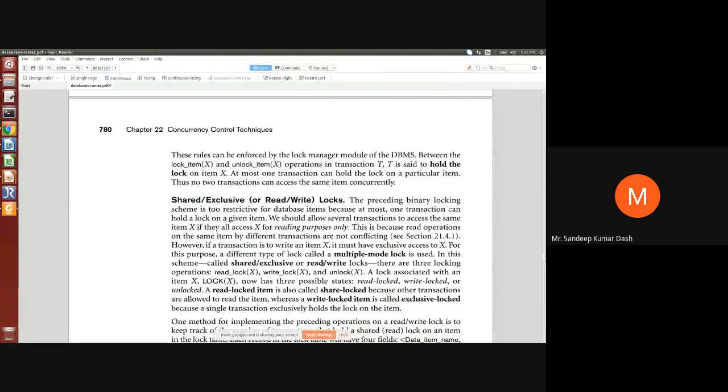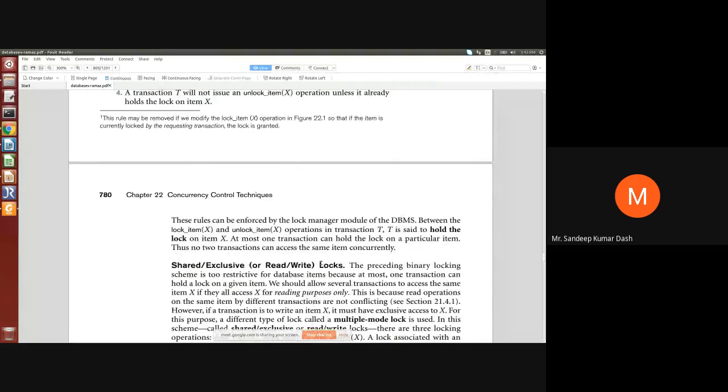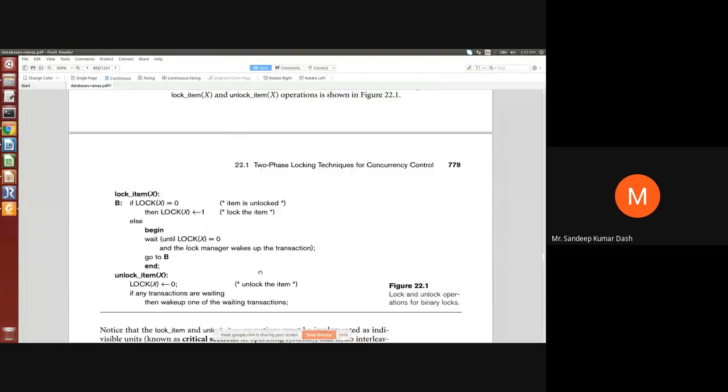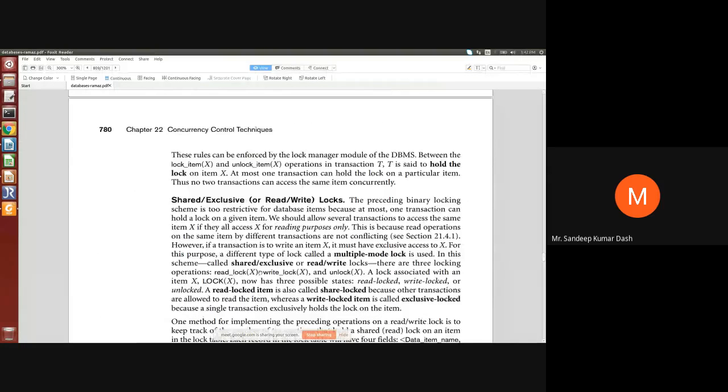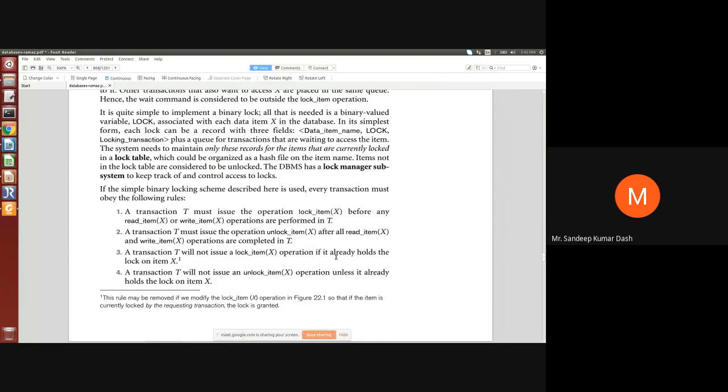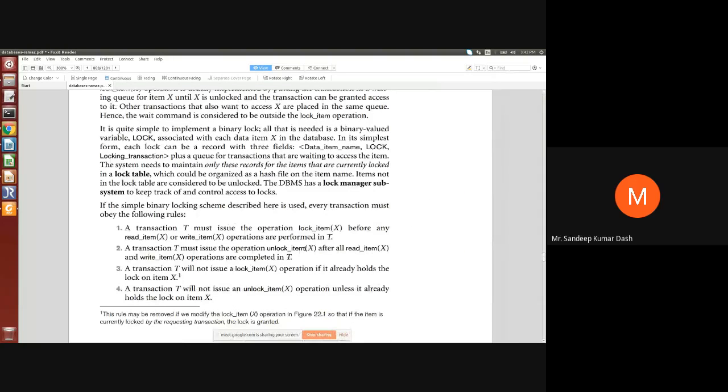What is shared lock? What is binary lock? Why is locking required? What is done in case of shared lock when you acquire a read lock, write lock, and unlock? There are three things in shared lock: read lock, write lock, and unlock. In case of binary, there are only two things: lock and unlock.